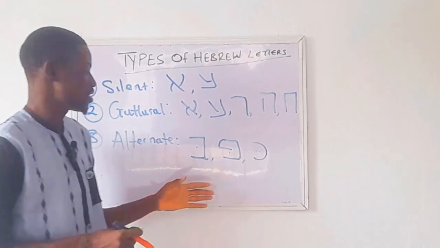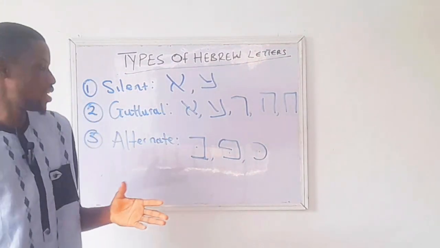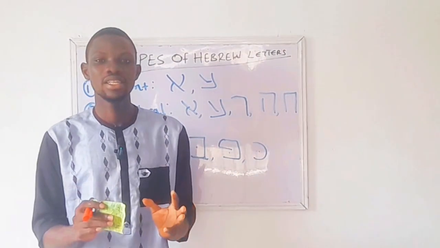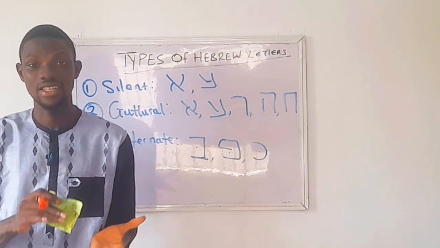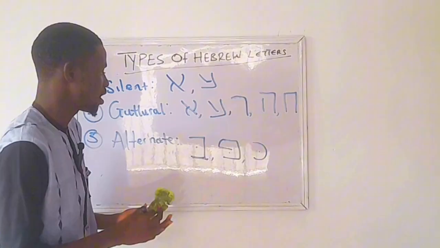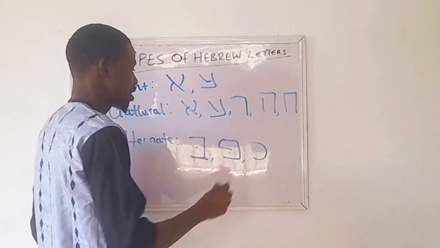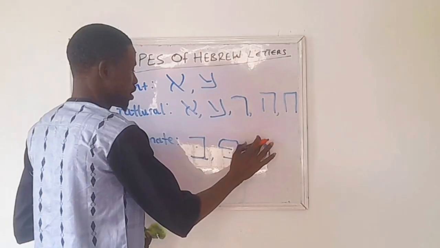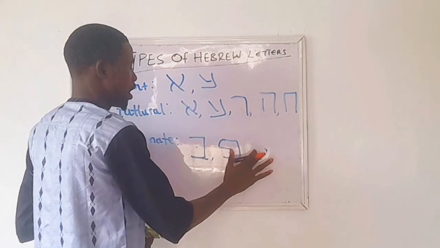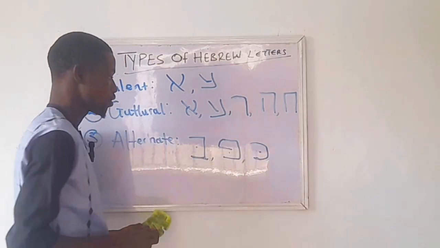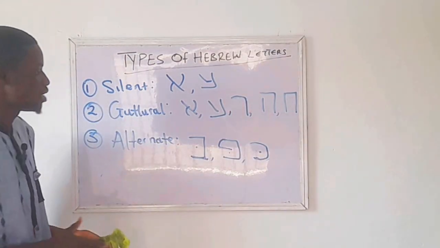Just look at whether there's a difference between the pronunciation of K and C. That's why I told you that this is translated as C sometimes and as K other times. So these are the three noticeable.